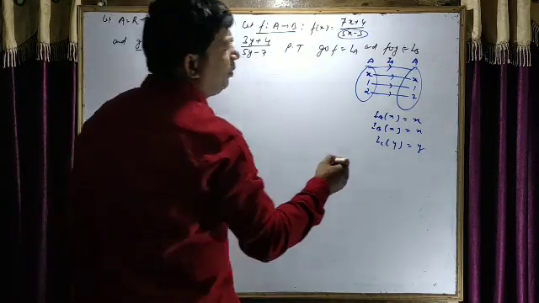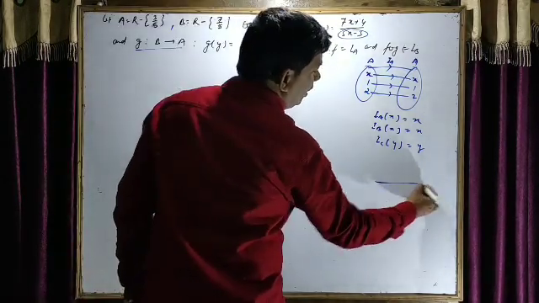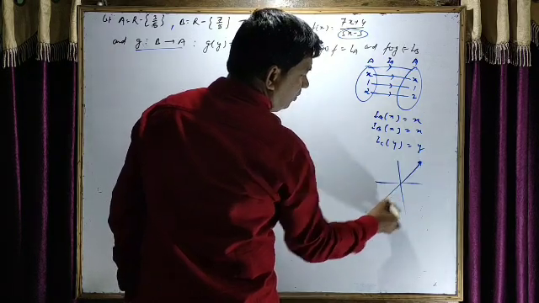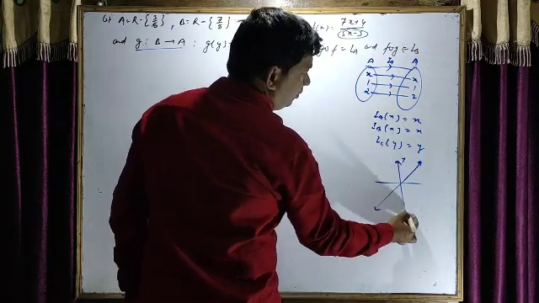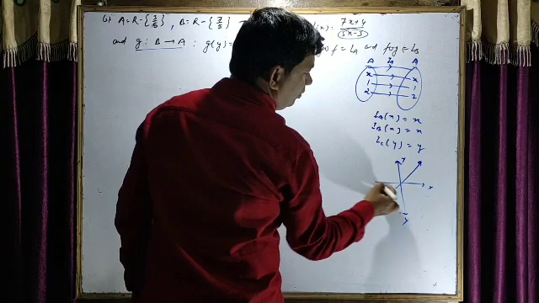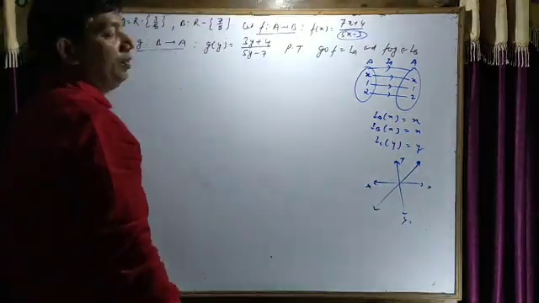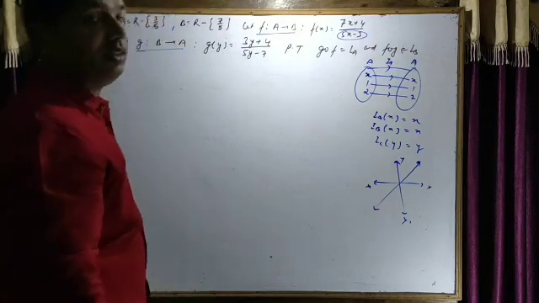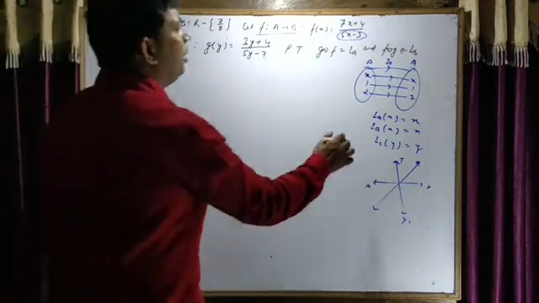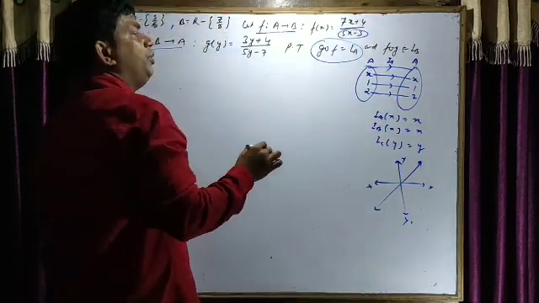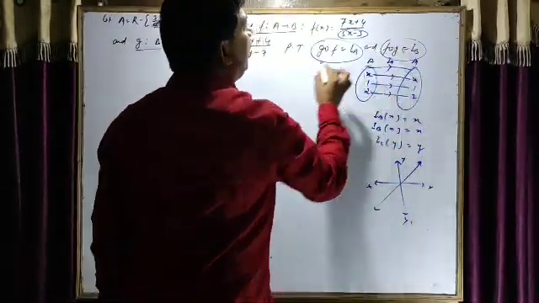If you draw the graph of the identity function, you know it passes through the origin like this. It is always one-one and onto, meaning it is invertible. Now in this question we have to prove gof equal to I_A and fog equal to I_B.